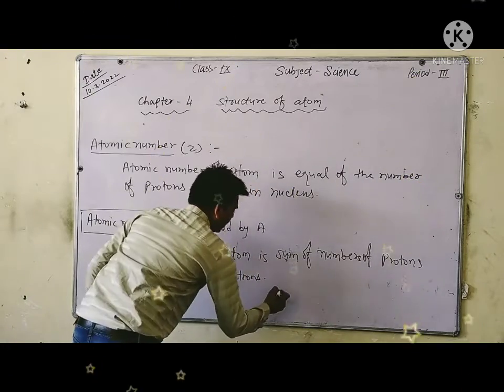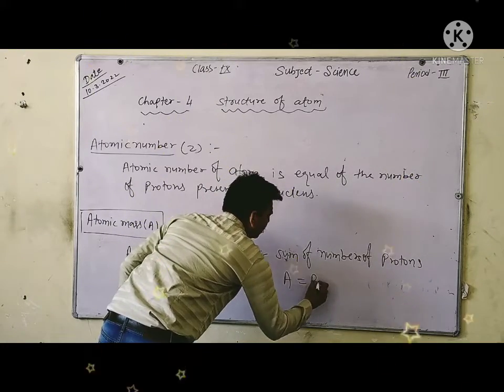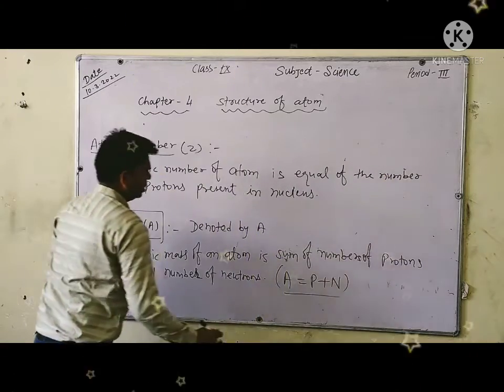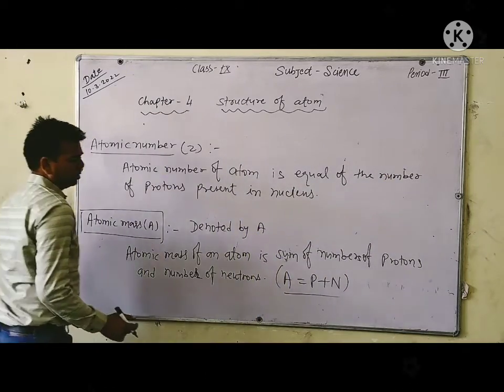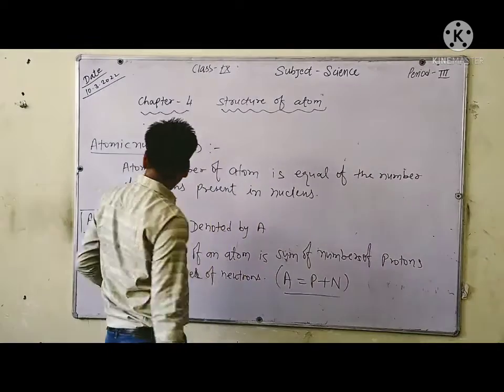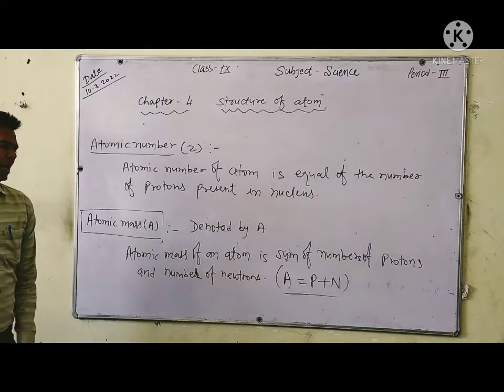So atomic mass A equals number of protons plus number of neutrons. प्रोटॉन की संख्या और न्यूट्रॉन की संख्या का जो योग होता है वो एटॉमिक मास के बराबर होता है.